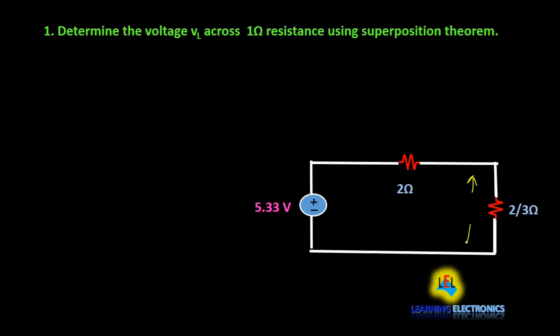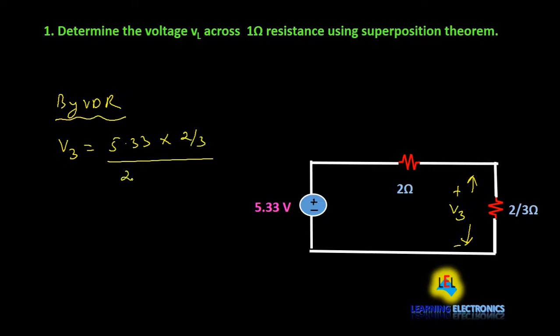Now we have to find out the V3 across this 2 by 3 ohm. By voltage divider rule we can find out this V3. V3 is equal to total voltage, that is 5.33 volt, into that resistance, means 2 by 3, divided by total resistance, means 2 by 3 plus 2 ohm. From here we get 10.66 divided by 3, divided by 8 by 3.